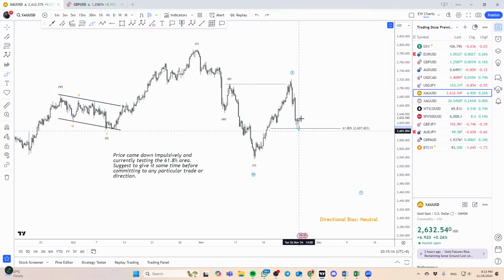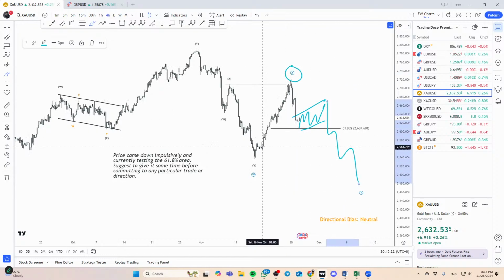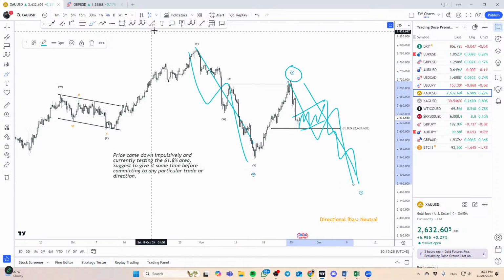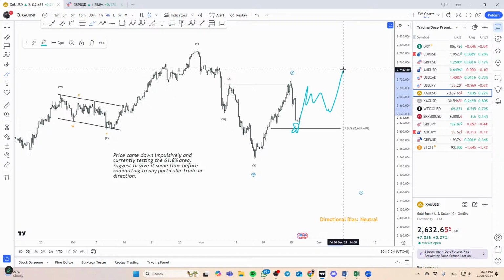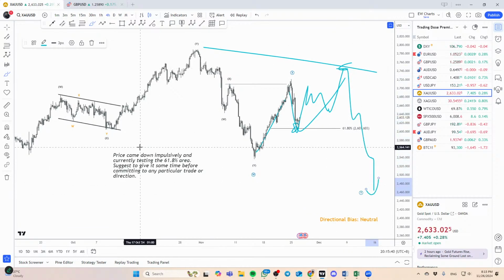I'm waiting to see if this comes out correctively, right? Then there's a good possibility this is going to be X, and we're going to see Y start to develop maybe in terms of this scale here, right? Okay, so WXY, WXY. That's one possibility. If we see a strong rejection up from here, then of course that gives us an indication, all right, this can be a 1, 2, 3. And somewhere over there, we might then only see the drop.